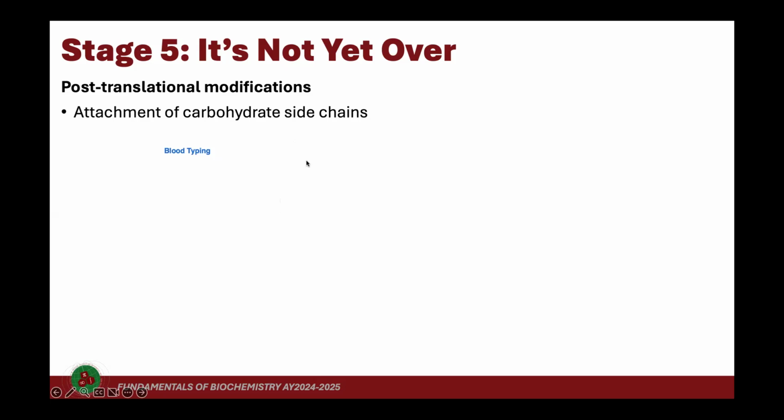They are proteins with short segments of carbohydrates attached to them. The structures of these carbohydrates determine whether it's an A or B. If you have none, then that's an O, or if it's an AB. So when we study carbohydrates, we will be learning about that blood typing.